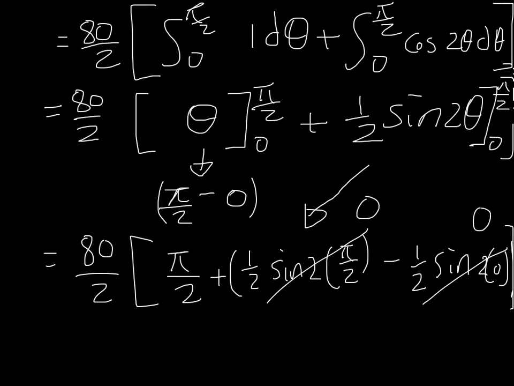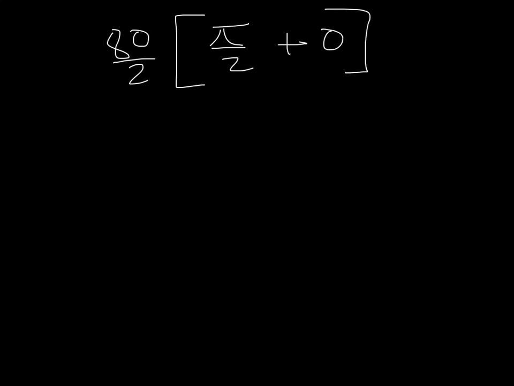So 0 minus 0 does give nothing. So we're left with 80 over 2, pi over 2, and 0, which is 62.83. So that is your answer.